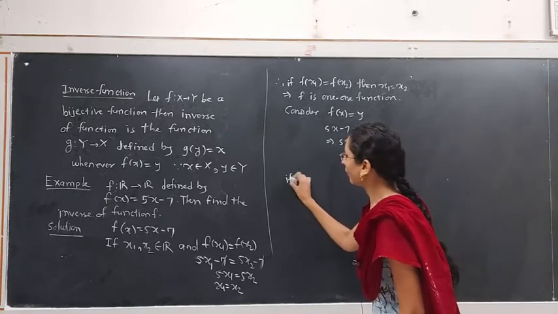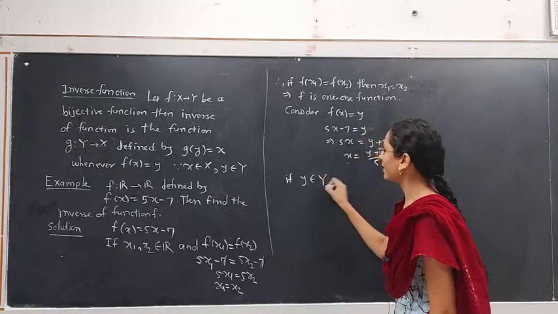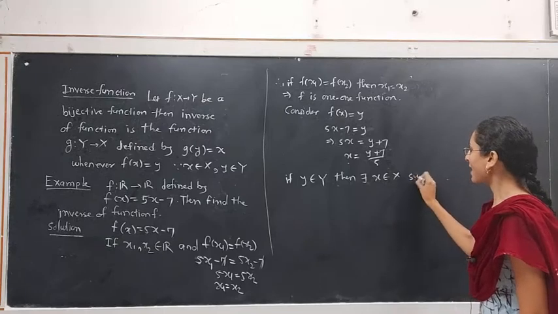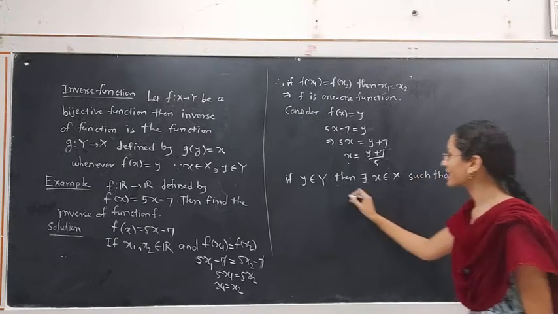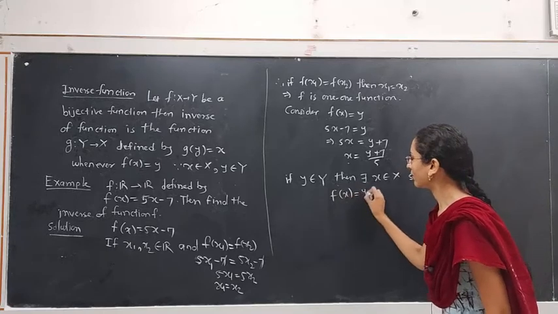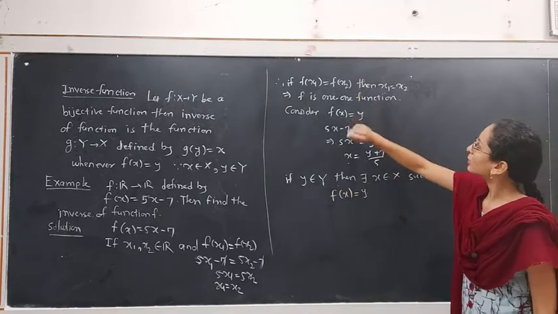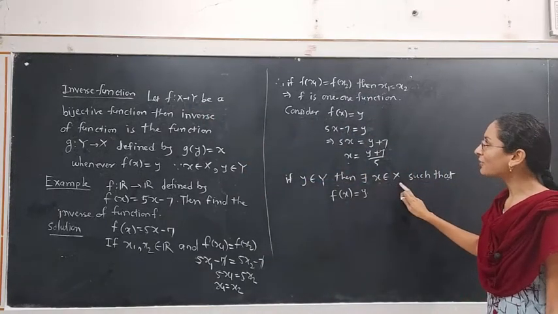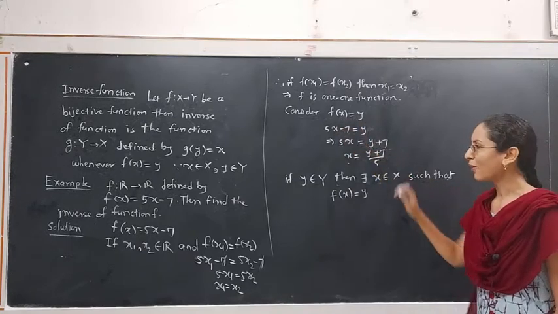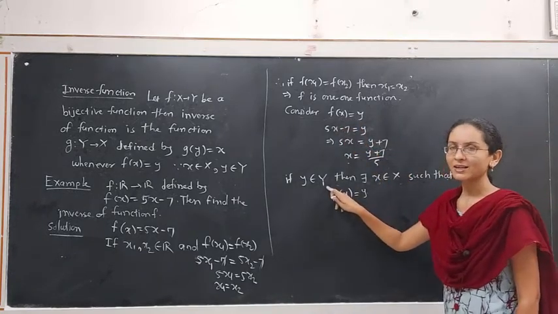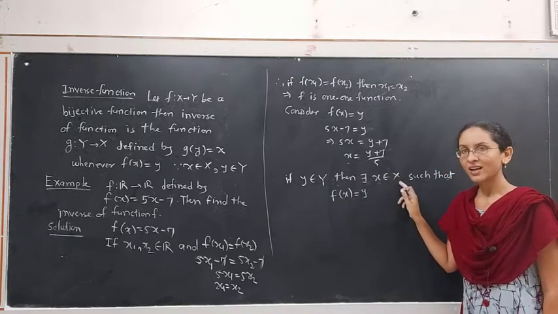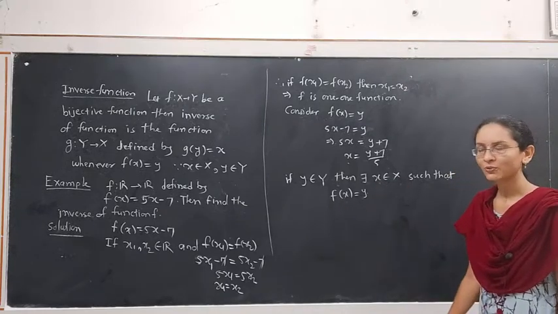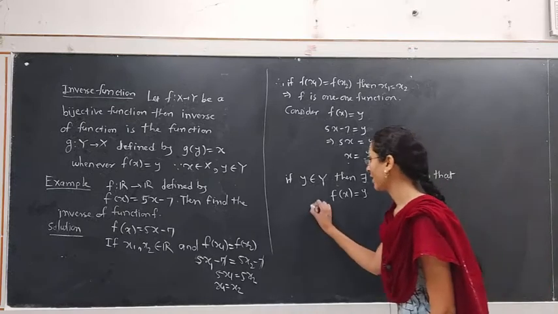So, if y belongs to codomain Y, then there exists x belongs to X such that f of x is equal to y. Hence, for given element of Y, there exists an element of domain set X, denoted by small x, where f of x is equal to y. Hence, the function is onto function.